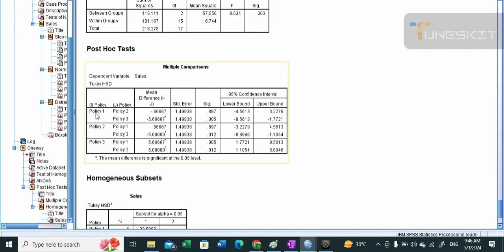First of all, we will compare the mean difference, whether mean difference of the two different advertising policies differ or not. So we first consider pair 1 or policy 1 with policy 2 stated or mentioned as pair 1 in this table.